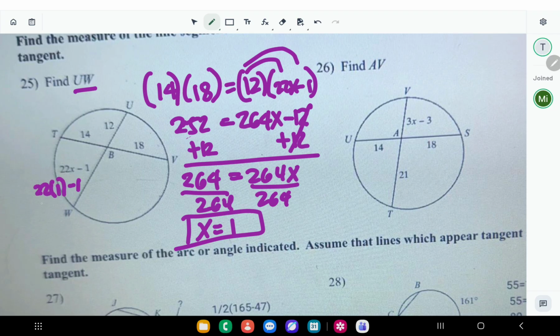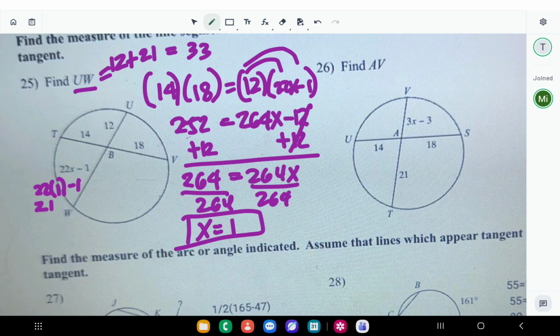So this is 22 minus 1, or 21. So the other part of the chord UW is 21. So that would be 12. Therefore, UW is just 12 plus 21, which is 33. The answer is 33. This is number 25.